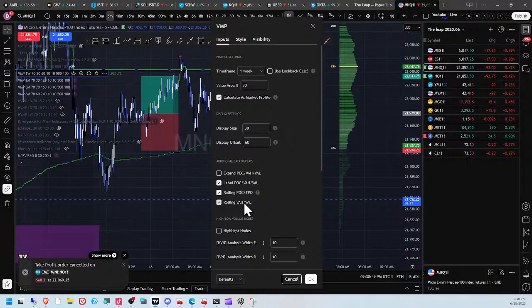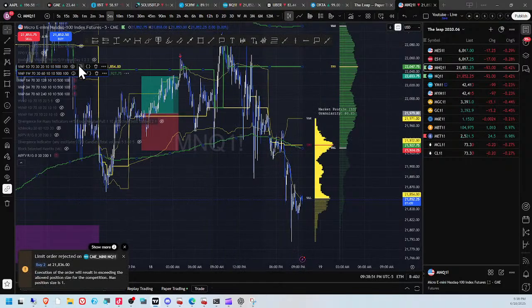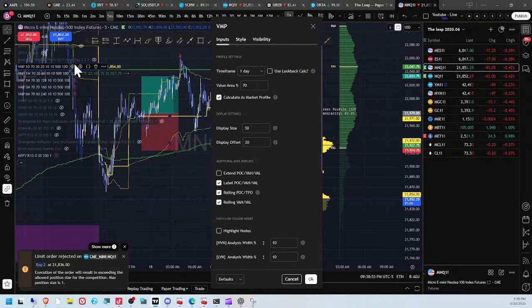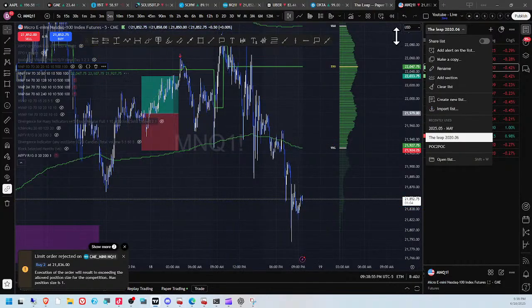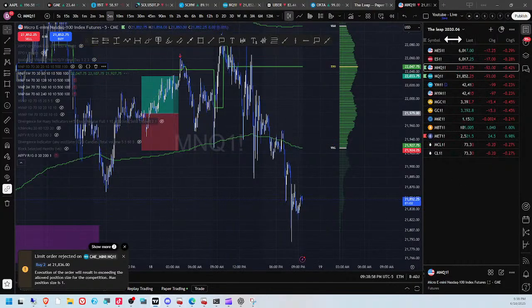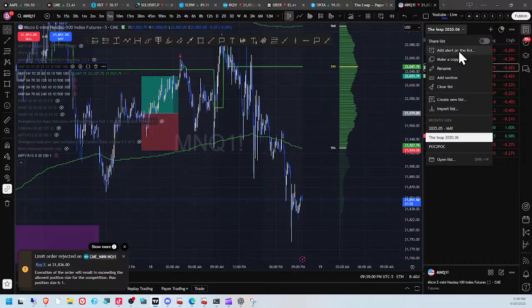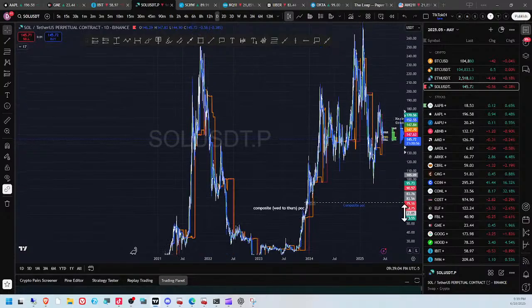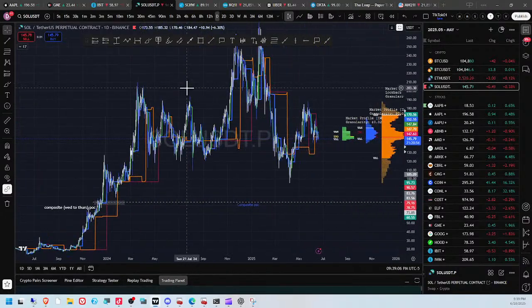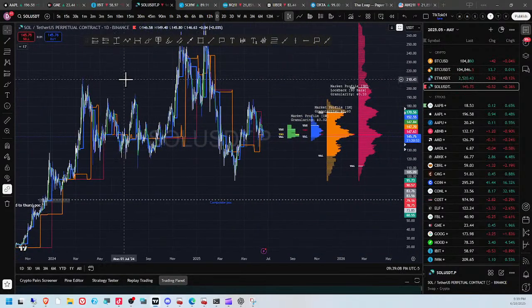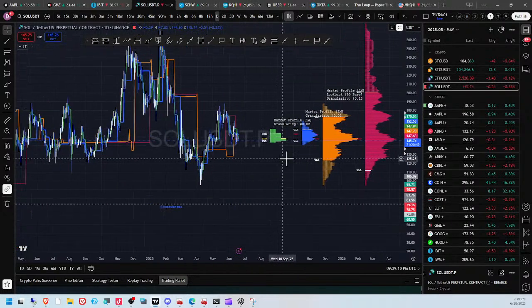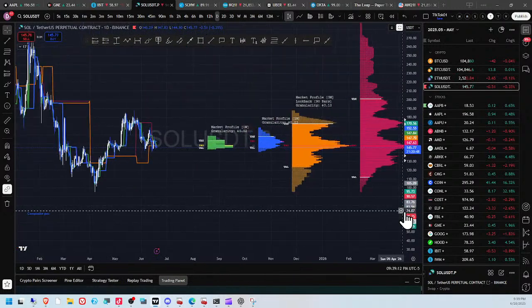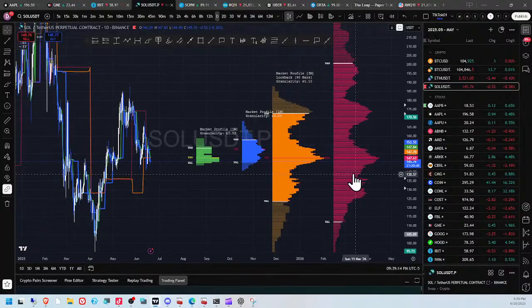If I turn off the value area, I don't need the daily right now. If I try to draw these indicators for Solana again, well, I'm not going to, I already drew them earlier, but right now we're in this level around the 6-month POC.